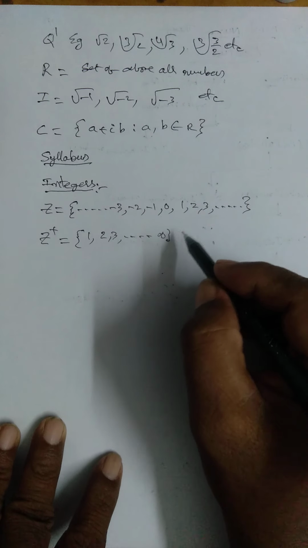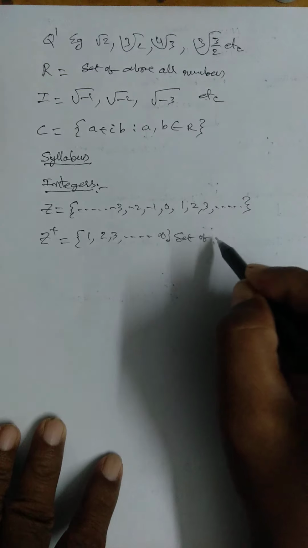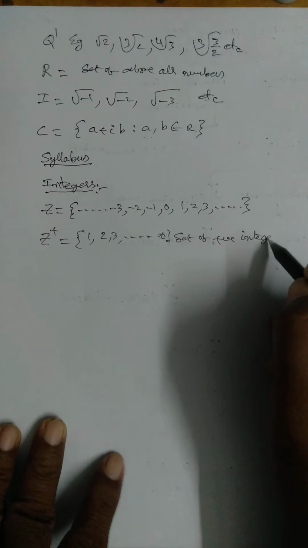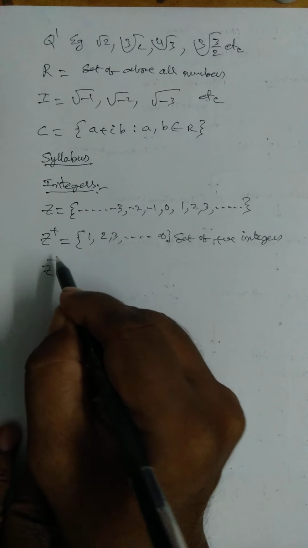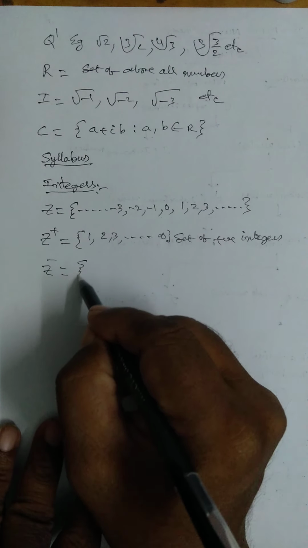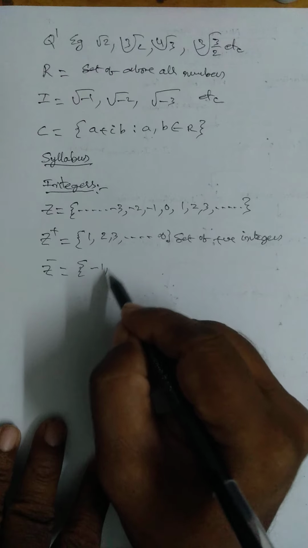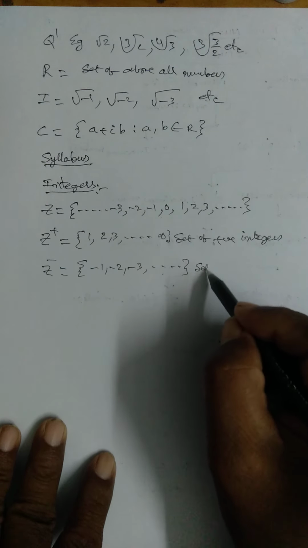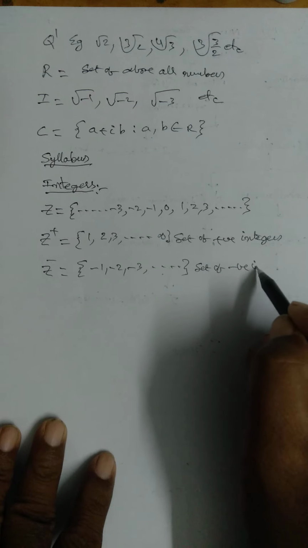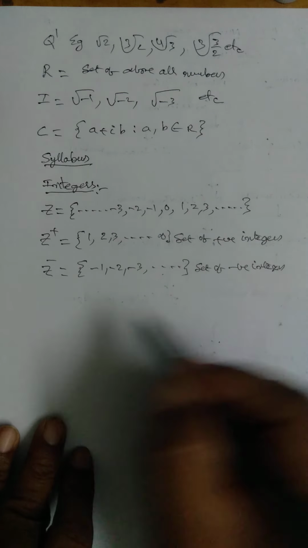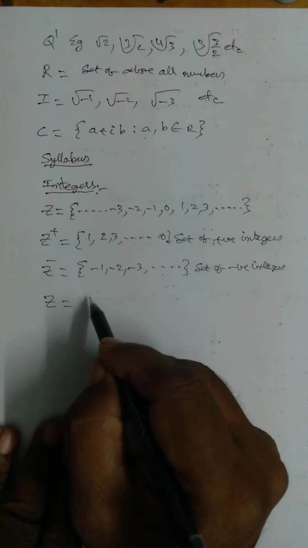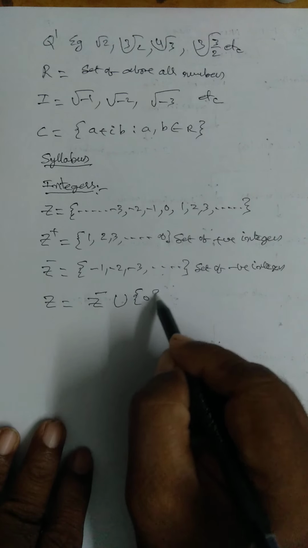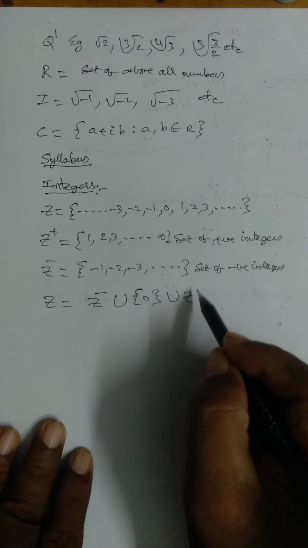This is nothing but set of positive integers. Z minus: -1, -2, -3, so on. Set of negative integers. Your Z is nothing but Z minus union, set 0, union, Z plus.